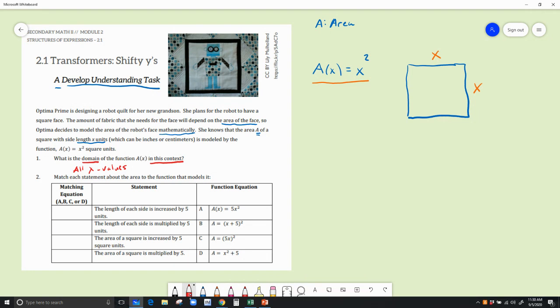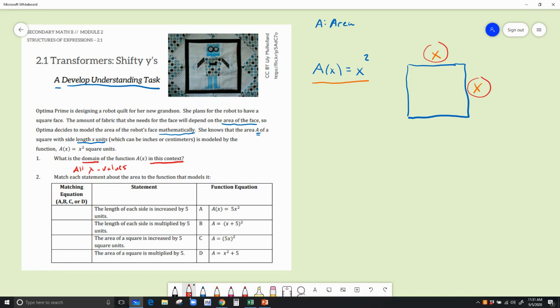If you think about x being the side lengths of this square, what are possible x values in this context, in the way that we're talking about it? Could x be 3? Sure, you can have a side length of 3 or 7 or 436, right? But could you have negative 3?